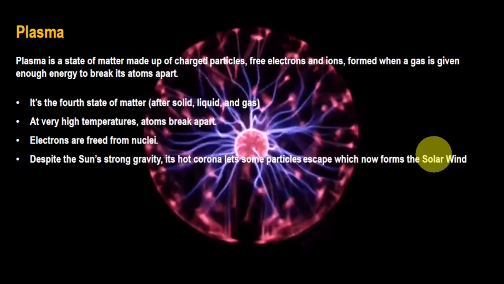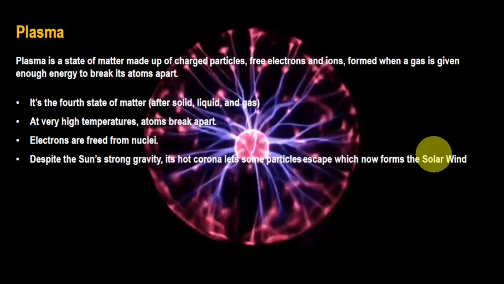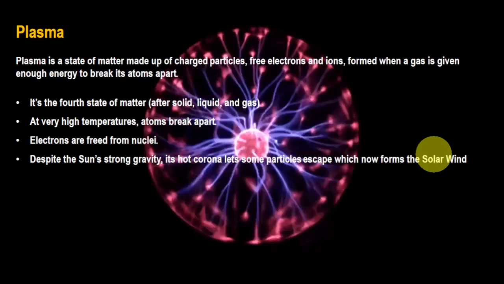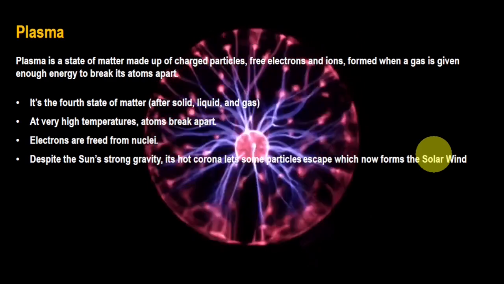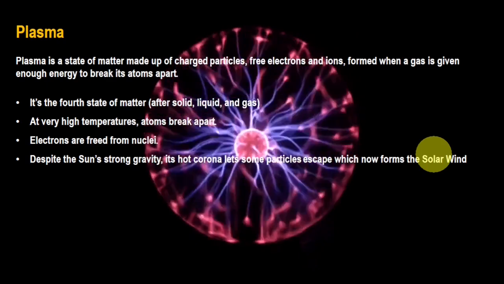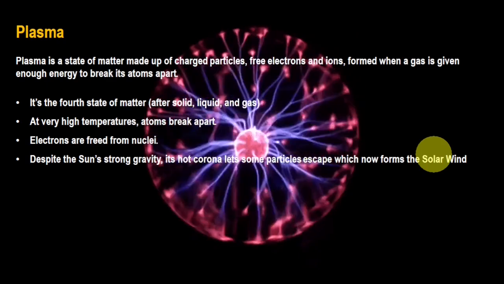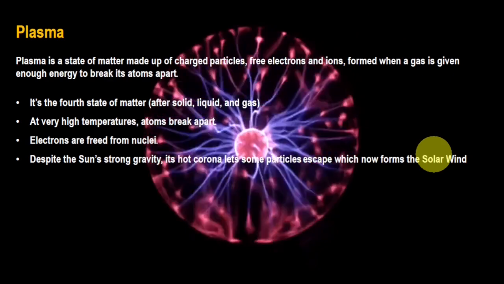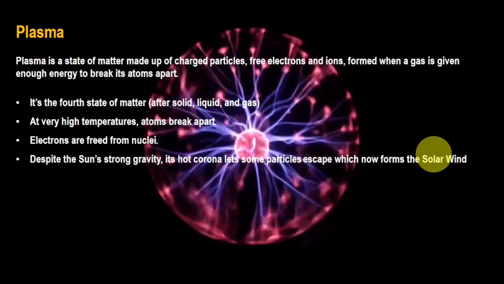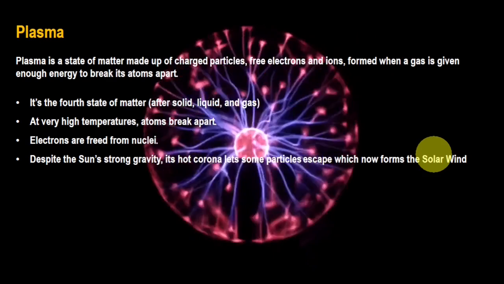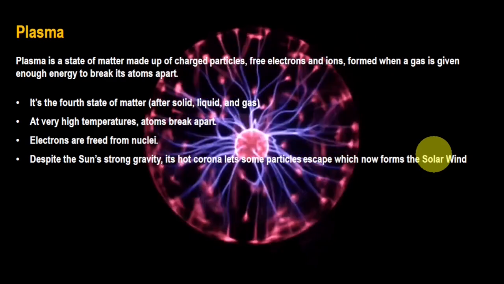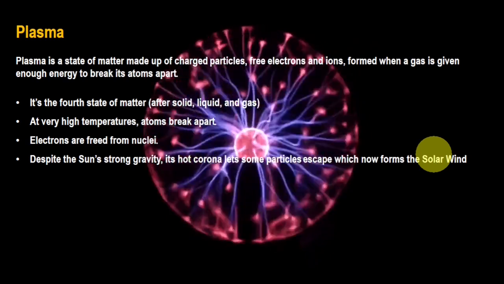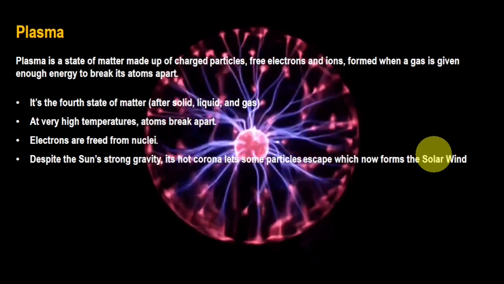So a plasma is a state of matter made up of charged particles, formed when a gas is given enough energy to break its atoms apart. So when you give a substance that is in a gas form high enough energy, it is going to lose all its electrons to become ions.